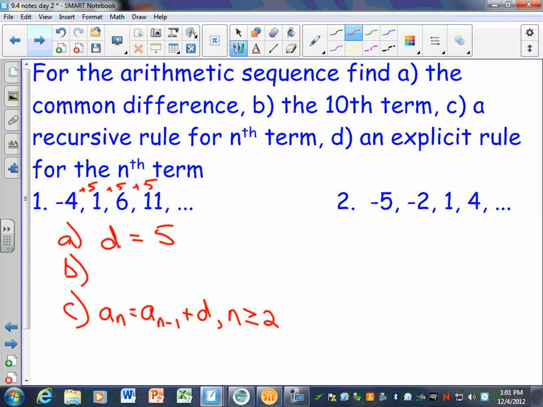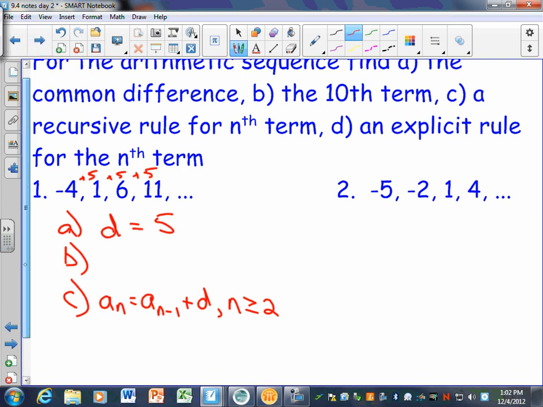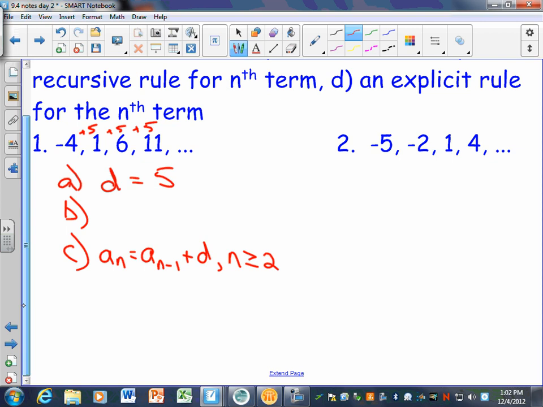What's the only thing you're going to have to plug into that formula? Because they have to give you the first term when they're giving you a recursive sequence, always.